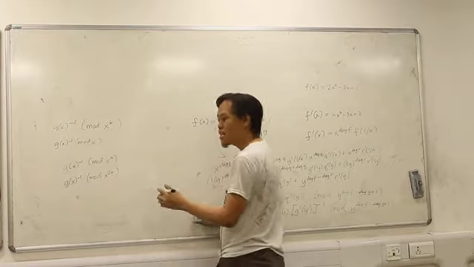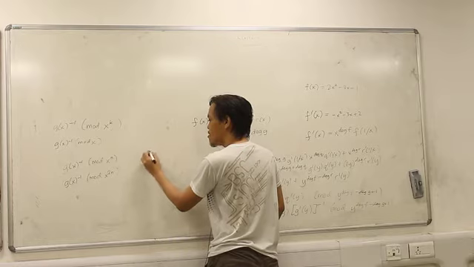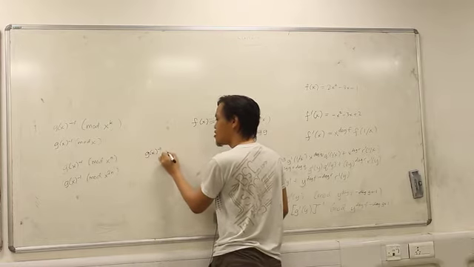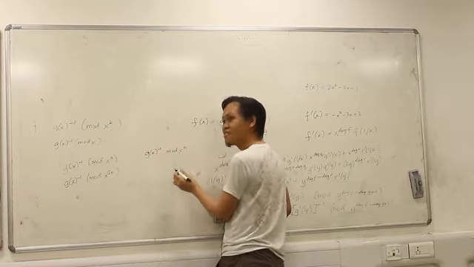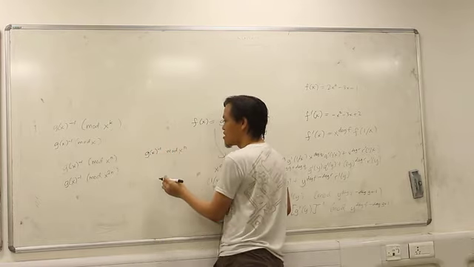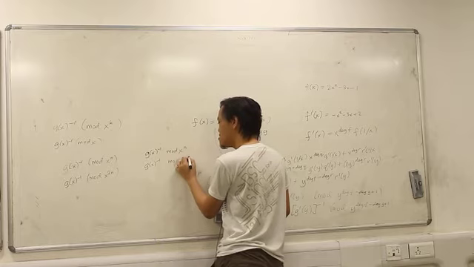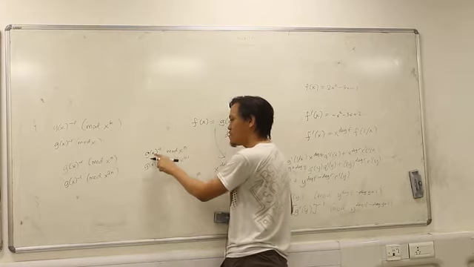The question is, why does that work? The only important claim here: let's say you have computed the inverse of some polynomial mod x^n. Then if you reduce that mod x^(n-1), then this is still an inverse.